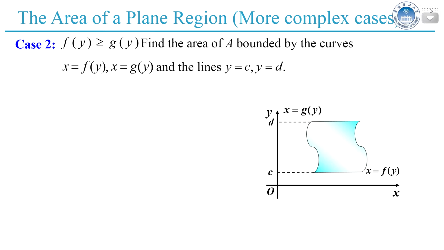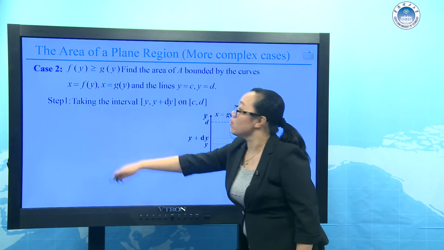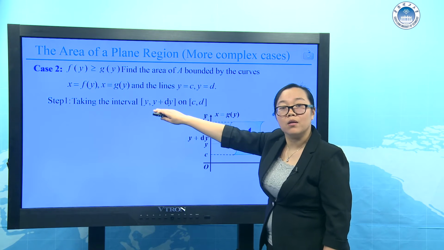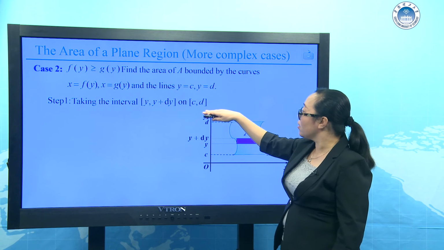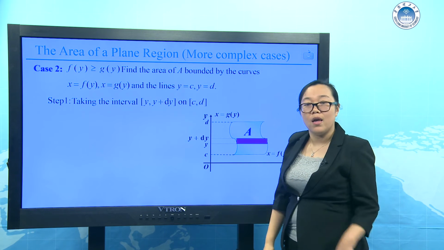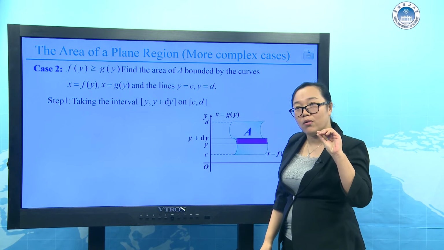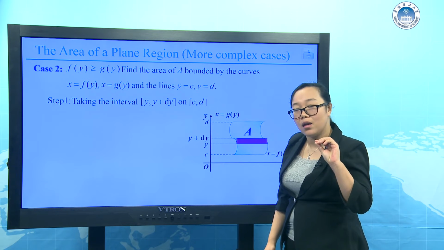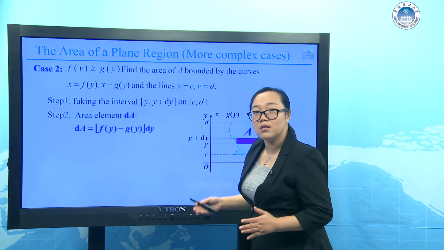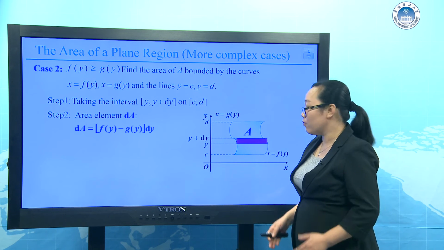How to get the area element? Step 1, take the interval y to y plus dy on the given domain [c, d]. From y to y plus dy, consider the little area, the area element. So we can get the corresponding dA, with a similar meaning as in case 1.